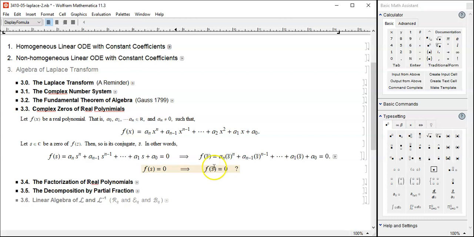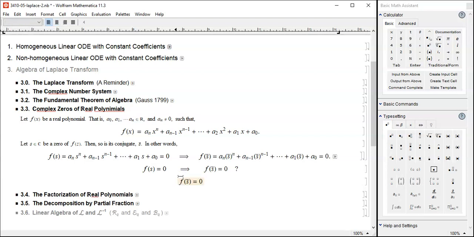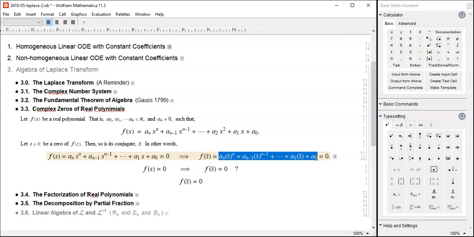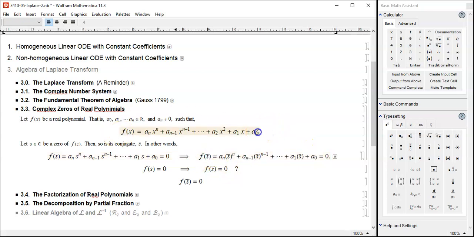Now, how do you prove this? Well, this is the definition, isn't it? That's the definition of f of s bar. As a matter of fact, I wouldn't say it's the definition. Plugging s bar into this definition, we're going to get this form.